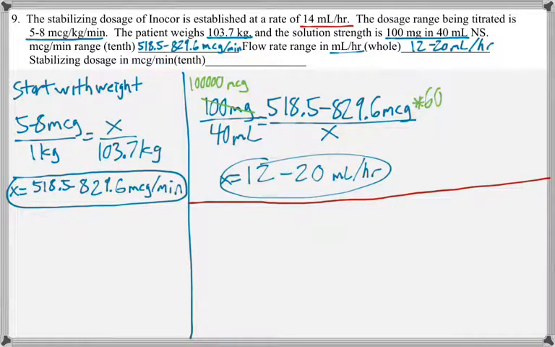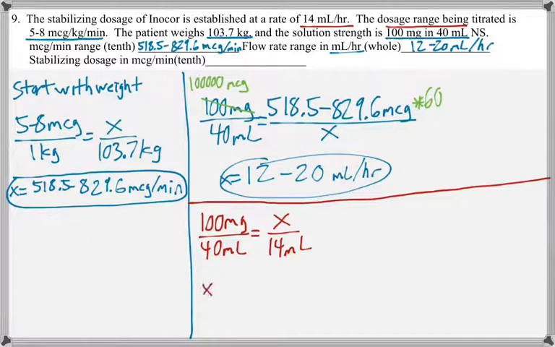So we have the stabilizing dosage, but it's in mLs per hour. So I need to set that up in a proportion with the solution strength. 14 times 100 divided by 40, and we get 35.